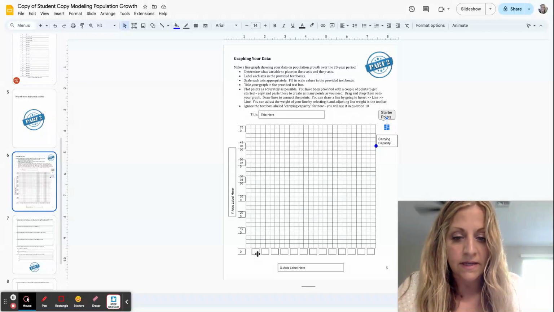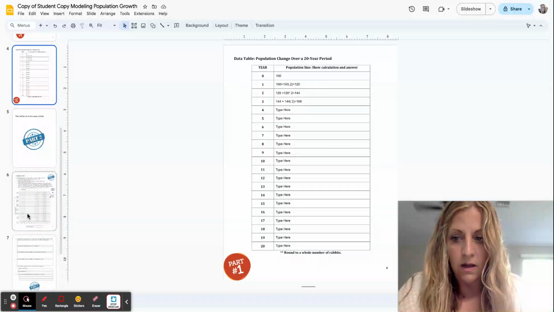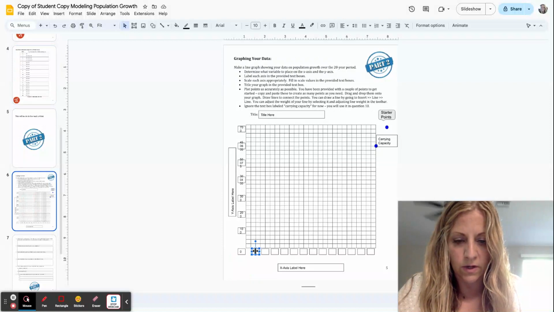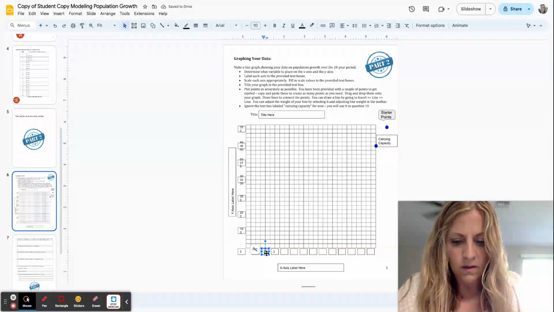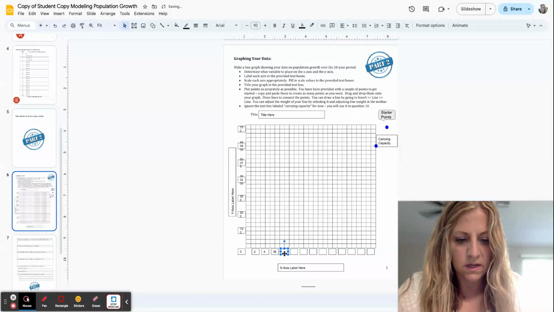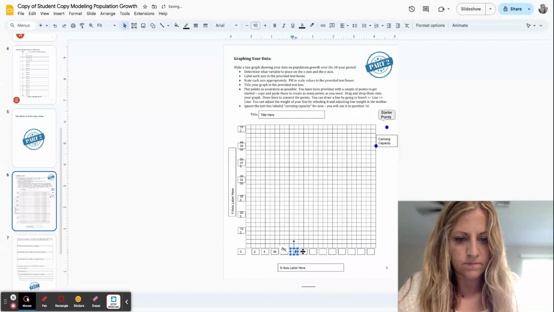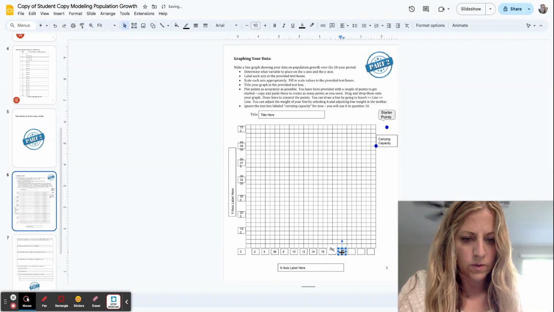So, all right, so let's look at maybe the first one here. So on our data, these are our years. So year 1, 2, 3. Actually, maybe we need to do by twos. 2, 4, 6, 8, 10, 12, 14, 16, 18, 20.